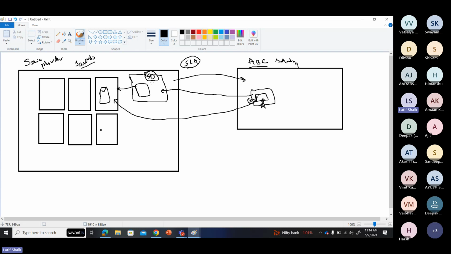What will the service desk person do? He will understand the customer requirement. It is related to the server. Either he checks what happened to this server, or he escalates the issue to the server department.